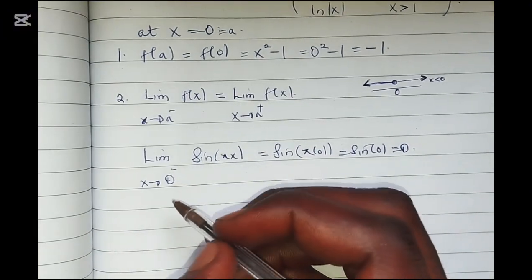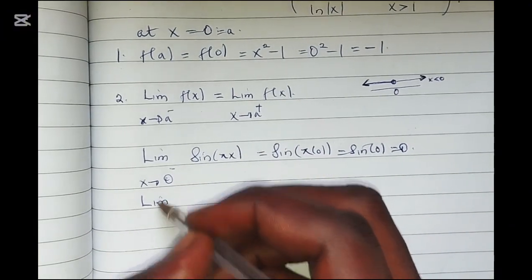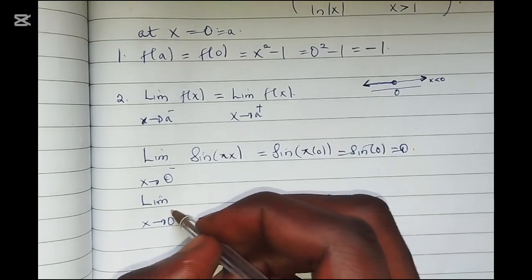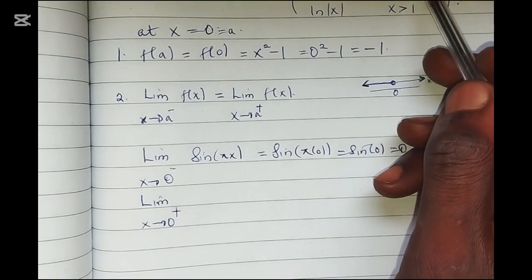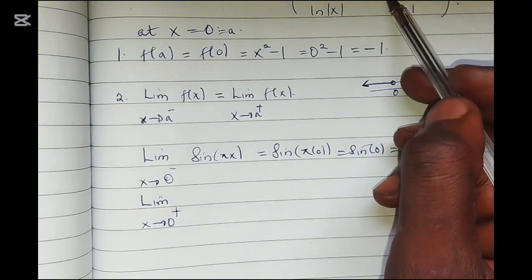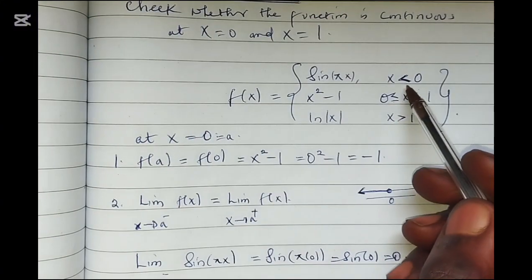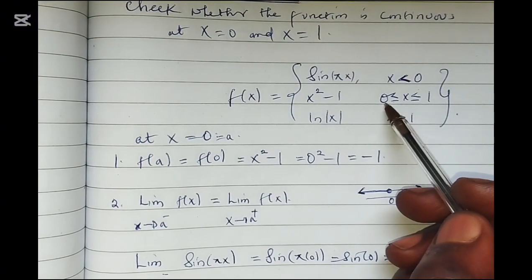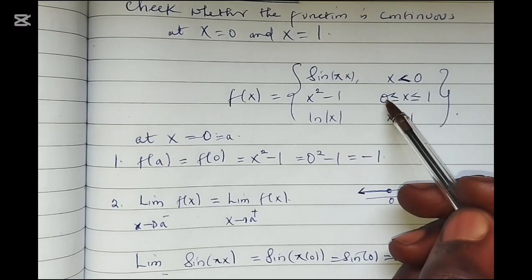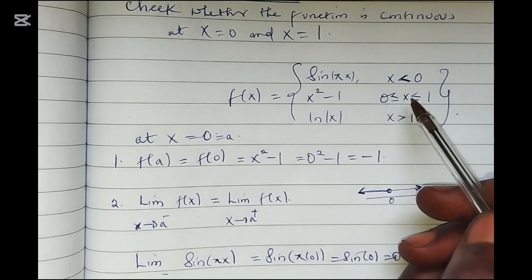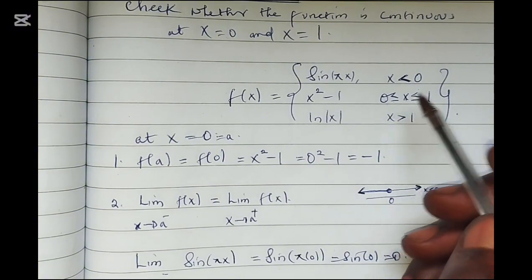Now the limit as x approaches 0 from the right hand side will obviously be this, because after this, the only place where you have 0 left is here, and this place says that 0 is less than x, yes, which means that x is greater than 0.